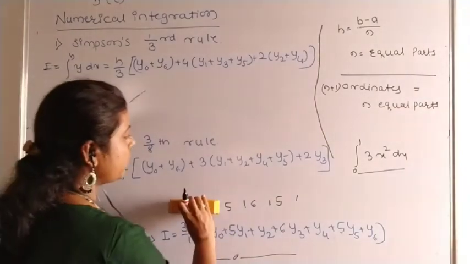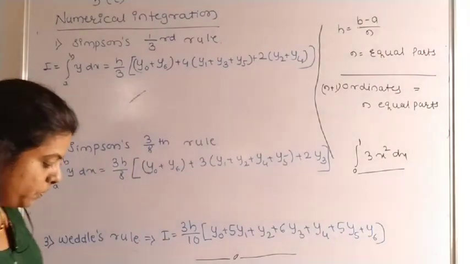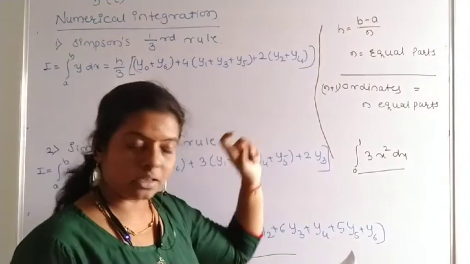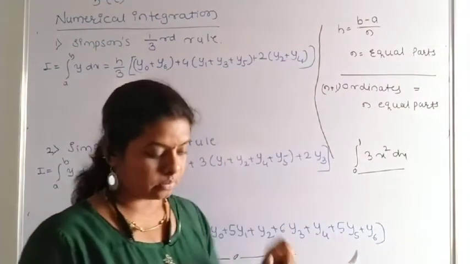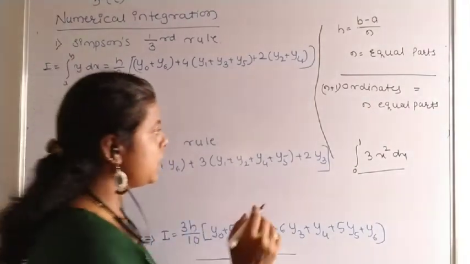Now we have to take one example. Before that, we have to see the important notes. When we divide the interval a to b into n equal parts, that becomes n plus 1 terms. That's why x we have to consider as one less number.